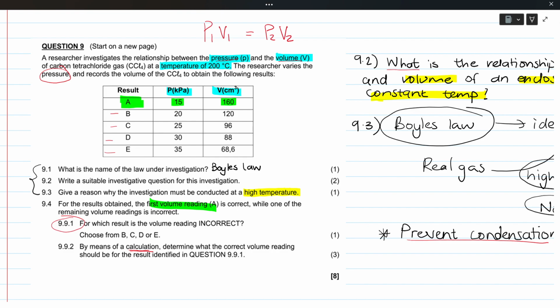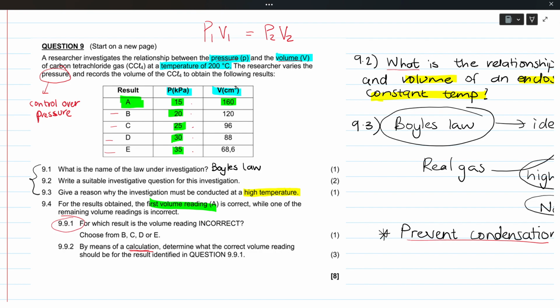Okay, so in other words, the researcher has control over the pressure. And you can see that clearly from the table. If we look at the readings on the table, it's going very nicely: 15, 20, 25, 30, 35. So we can kind of trust these readings here as well. So I'm going to highlight those in green as well.